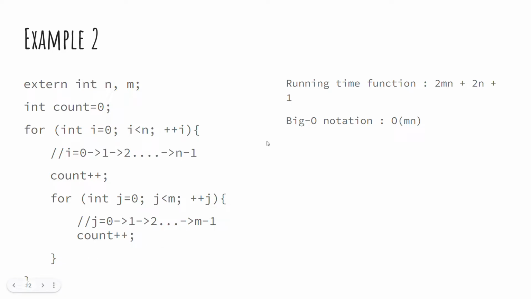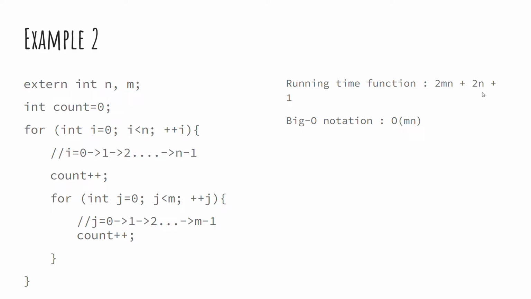The running time function for this particular example comes out to be 2 times mn plus 2 times n plus 1, because the inner for loop iterates m times and the outer for loop iterates n times, so this particular line is 2mn operations, and then the count plus plus line is again two operations for n iterations.